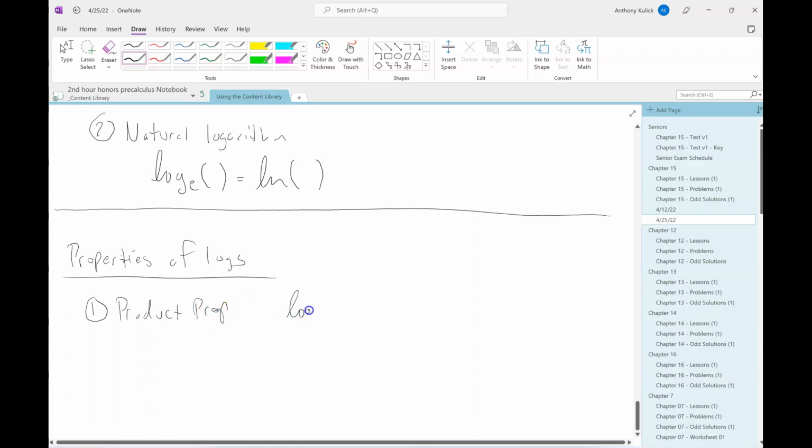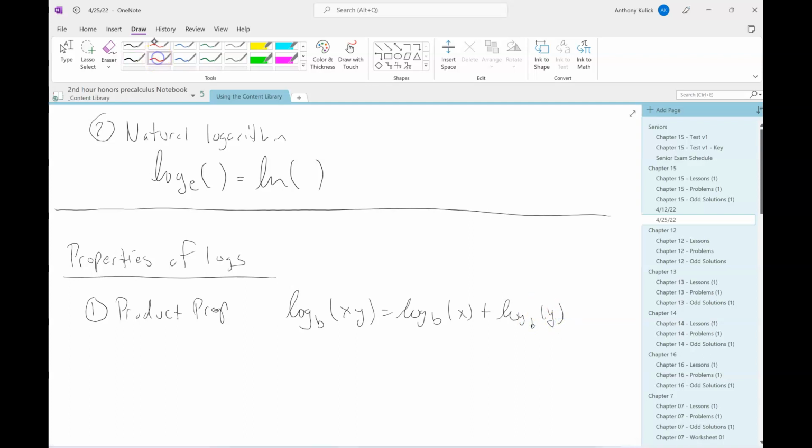It says that log base b of xy is equal to log base b of x plus log base b of y. Now that seems kind of strange, right? That when we add two logarithms together, we multiply the results on the inside like that.